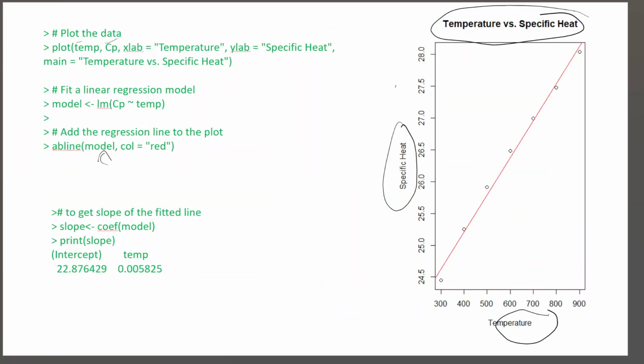So now we have fitted the line, but we have to find the slope. It is very easy because we have discussed it before also. You can do slope equals coef, the coefficients of the model. As you know, model is a linear regression model, so it will have slope and intercept within it. So now if you print slope, you will get intercept as 22.887 and slope as 0.005825. So this is the answer for this question.